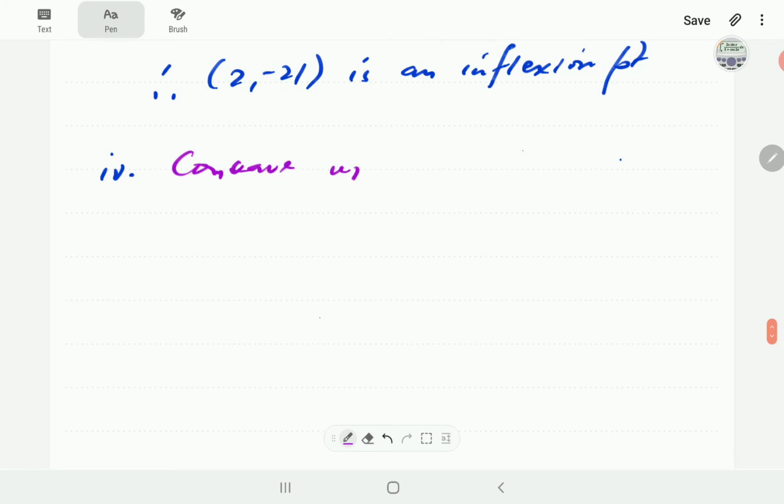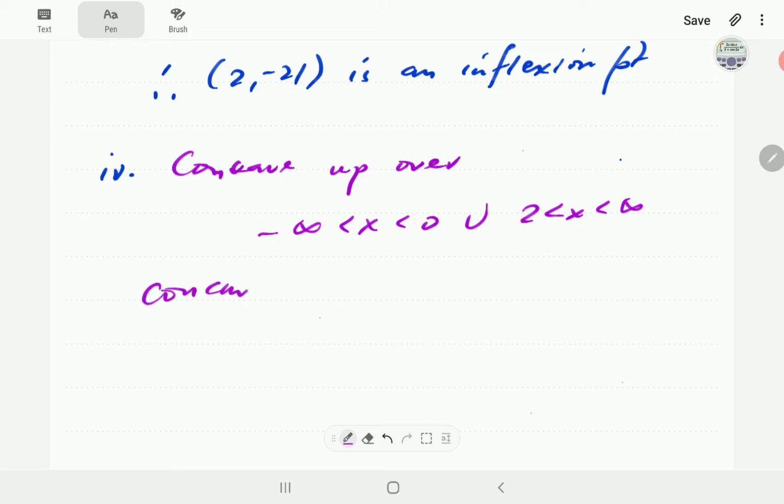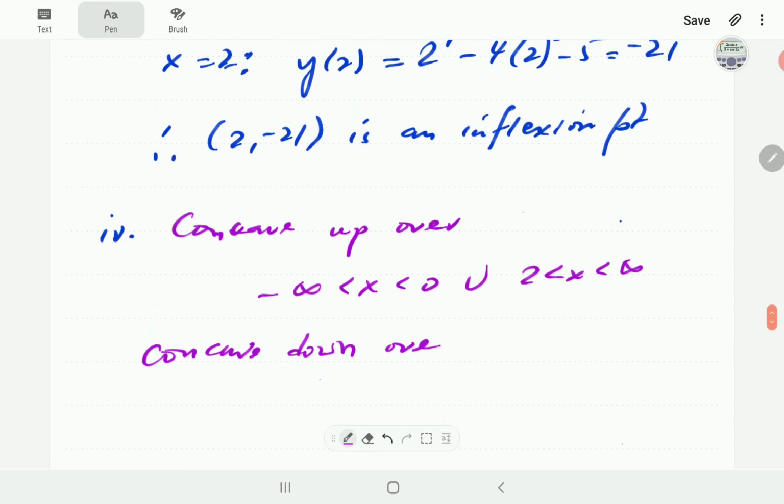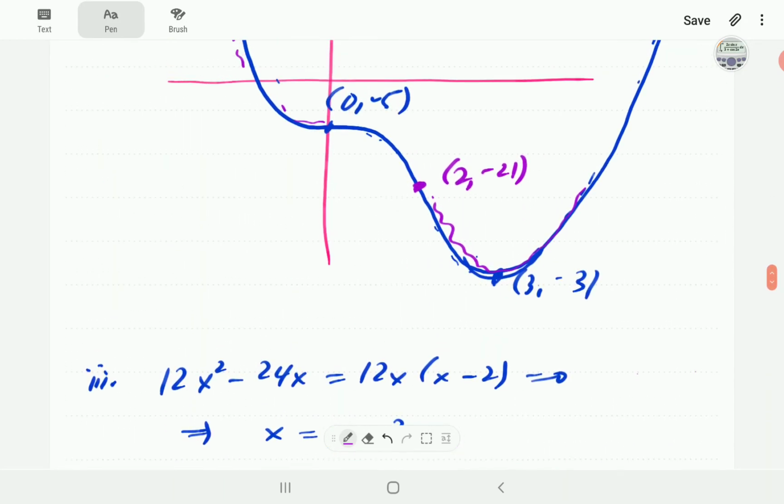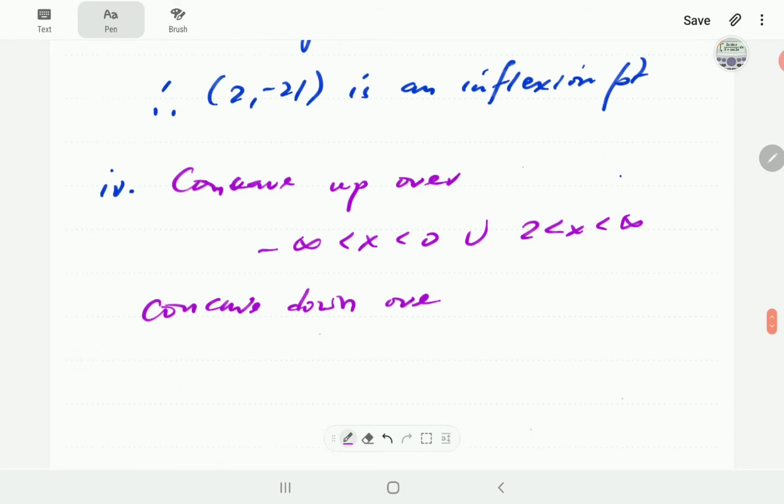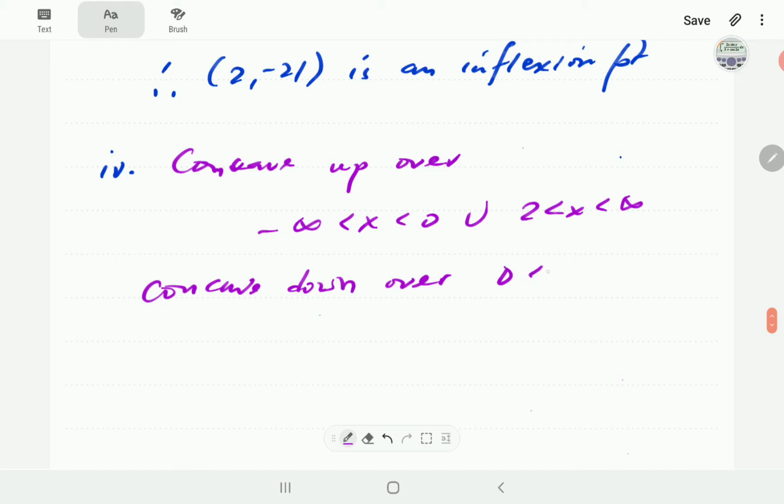So we're going to say concave up on the left hand side of 0 and on the right hand side of 2. And then the graph is going to be concave down over the interval between 0 and 2.